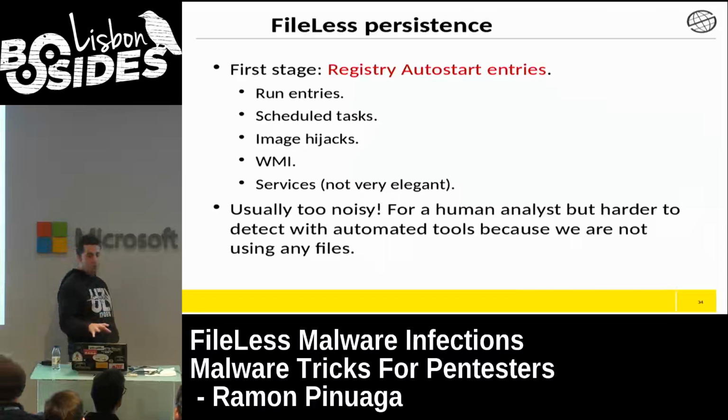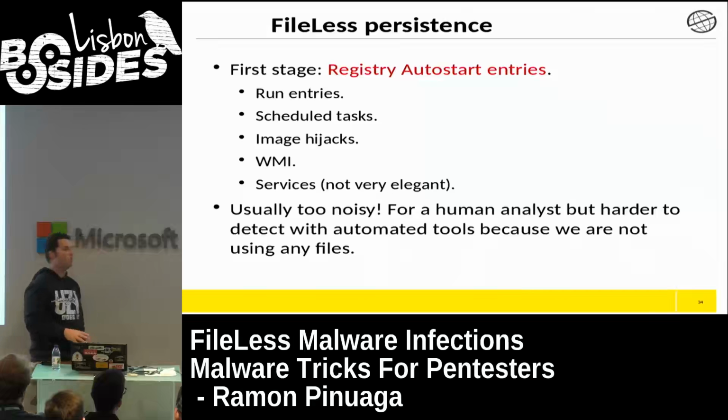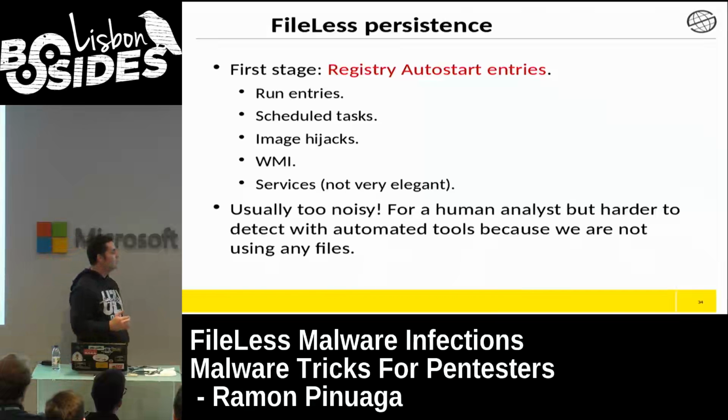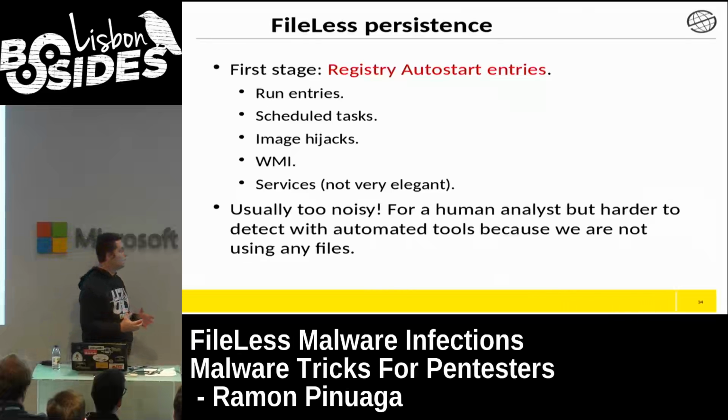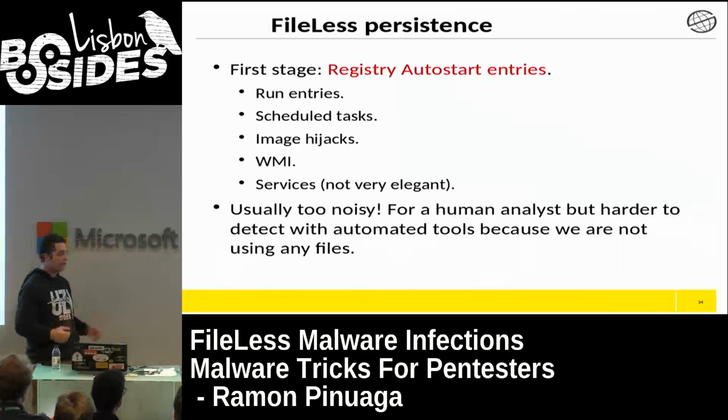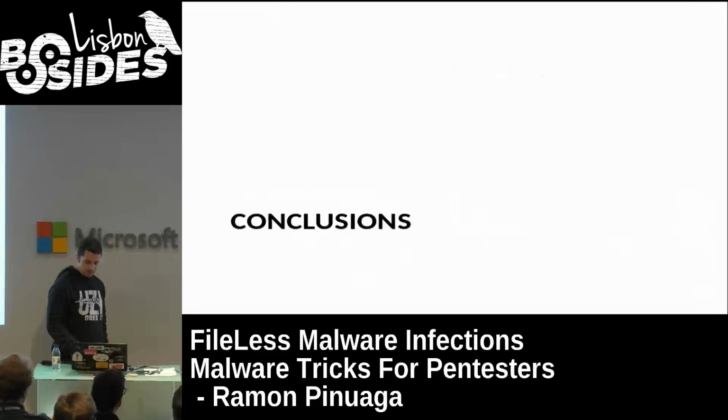Usually, all this kind of persistence is too noisy for a human analyst, but it is very hard for automated tools to detect if we obfuscate the payload or if we use simple code that doesn't contain a malicious action. That way we can achieve persistence without creating many detectable evidences.